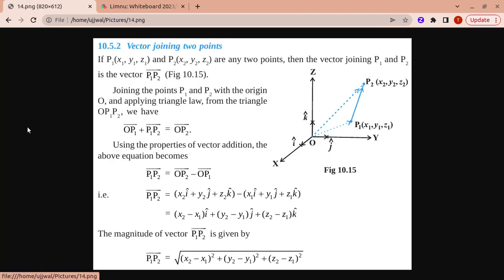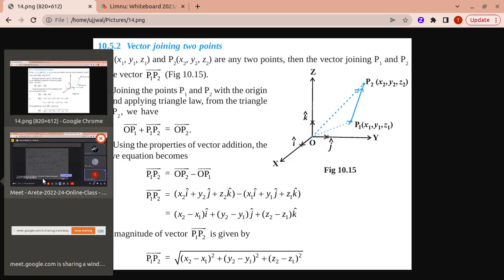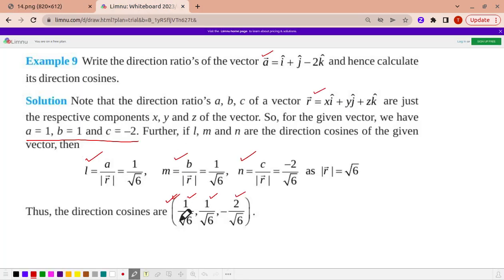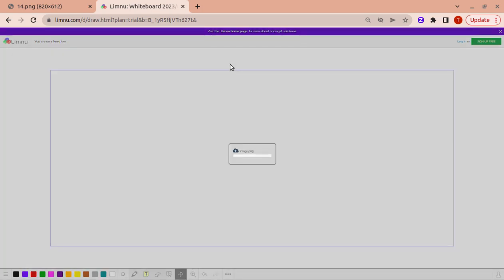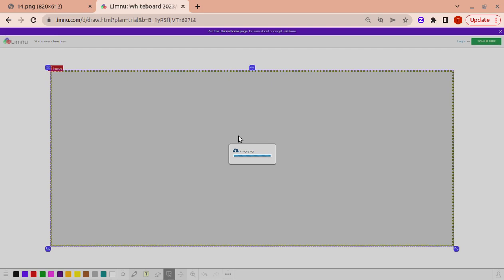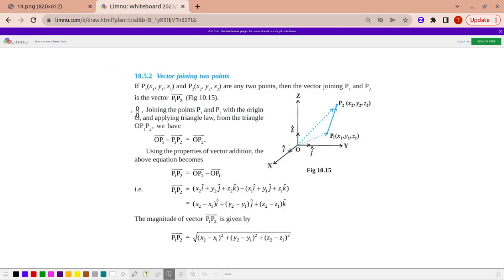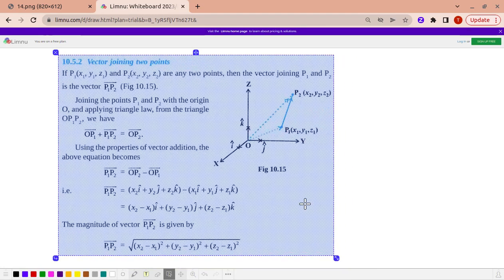Now, dear students, we are going to discuss the vector joining 2 points. The next topic. So as you see in the adjoining diagram, there are 2 points P1 and P2.